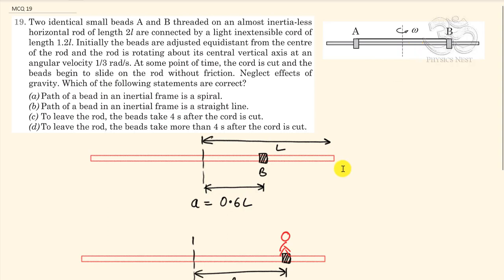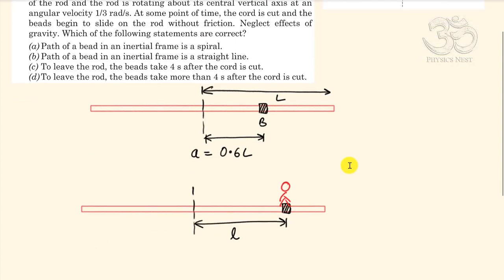So if that is the case, then I can say initially for this mass B, the angular momentum about the central axis will be m v times r, and there are two of these beads, so into 2. So this is 2m a squared omega, and finally both the beads will be at the same distance away from the center because of symmetry.